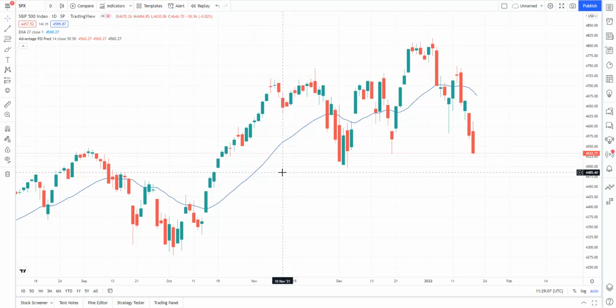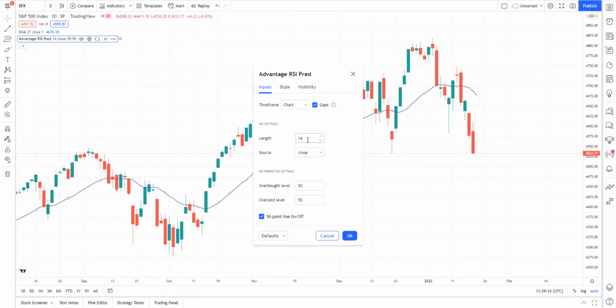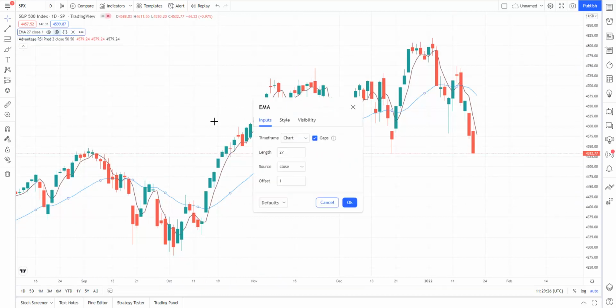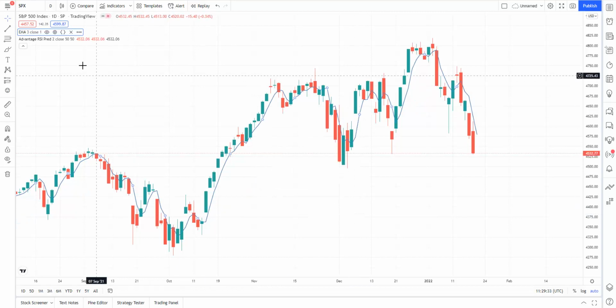To make sure again that the calculations are correct, let's start changing the inputs. Let's use, let's say, RSI 2. For RSI 2, the corresponding length of the moving average will be 3. 2 times 2 minus 1, 3, exactly the same.